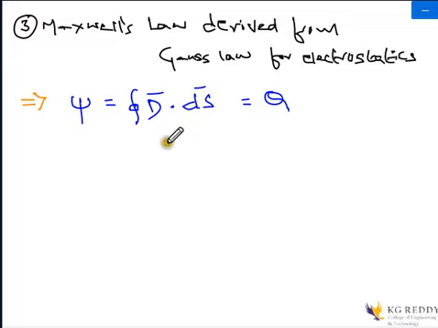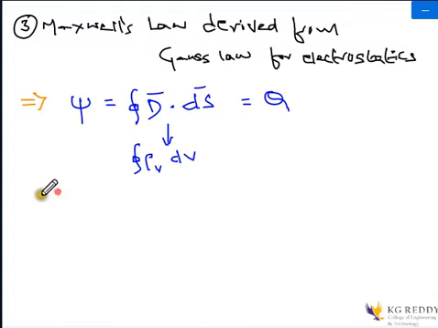Now we know that this can also be written as the integration of rho v dv. So from Gauss law, we have derived that D bar dot dS can also be written as the integration of rho v dv.